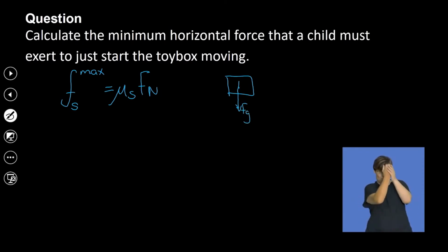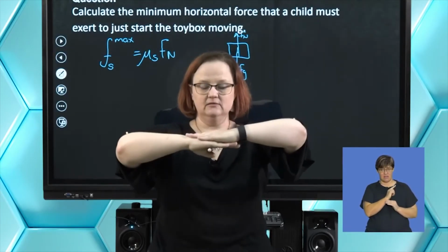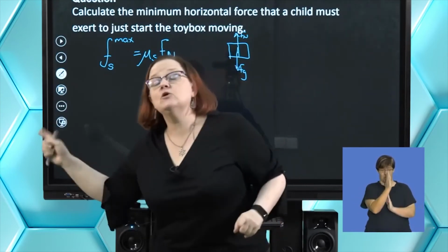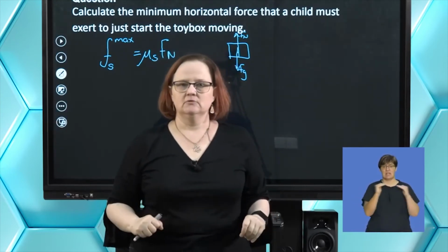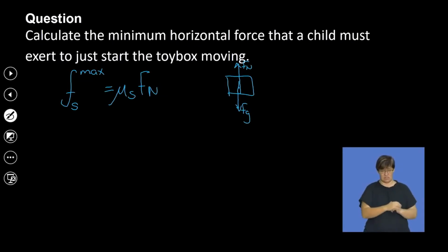What resists gravity? The normal force. Because that's vertically like this and it's moving horizontally, the normal force is equal to the gravitational force. And we know that we can calculate gravity by going mg. So let's think about this. I know mu s, they told me it was 0.4.